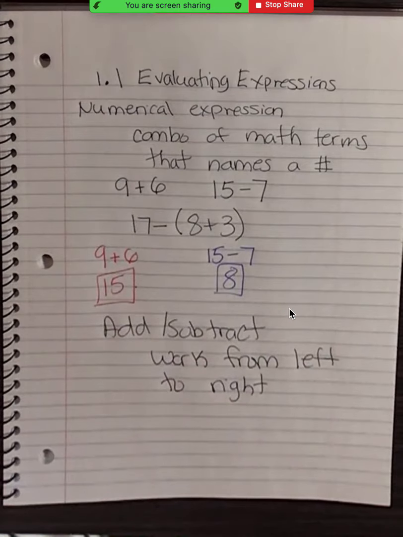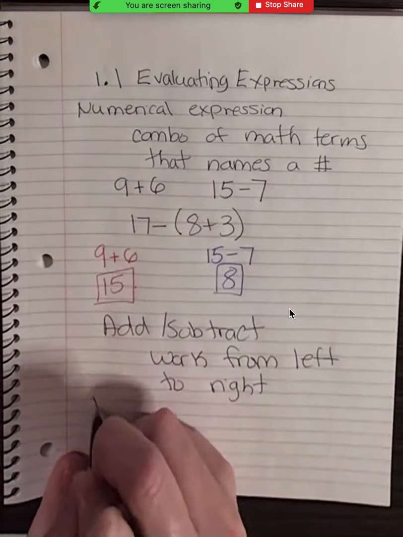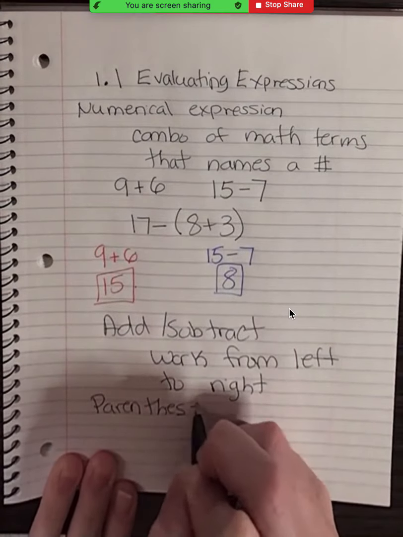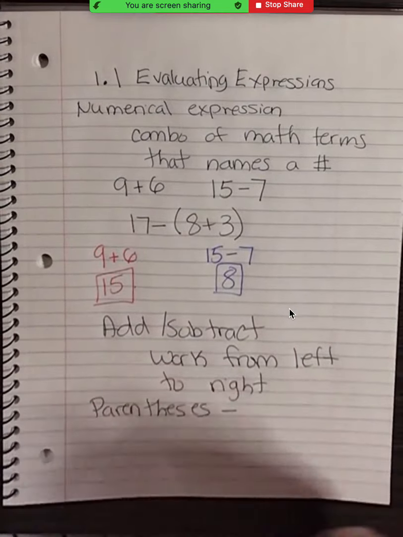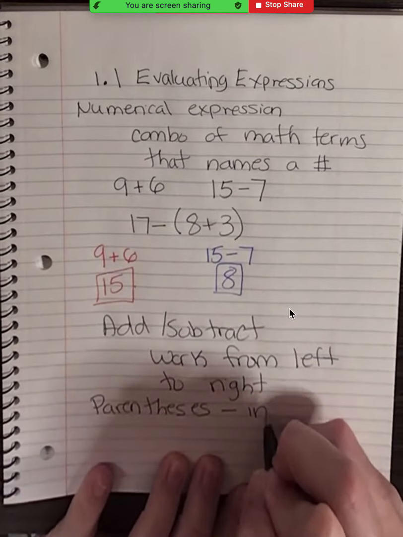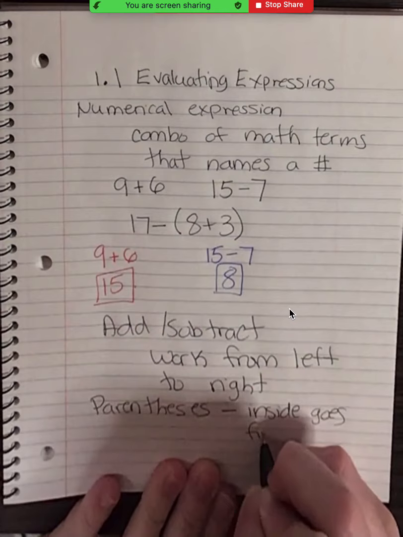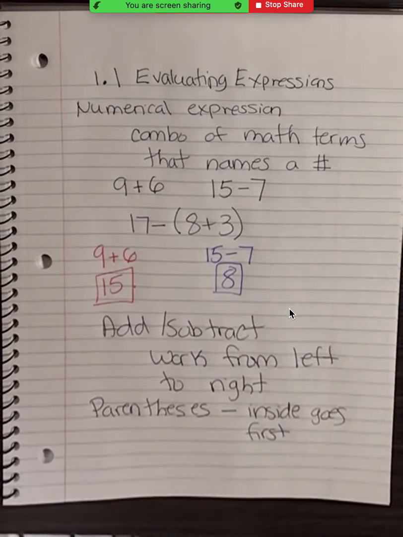But with just addition and subtraction, you're working just from the left to the right. If an expression contains parentheses, like we see here, you're going to do what is inside first. And then you will do the other operations, okay?